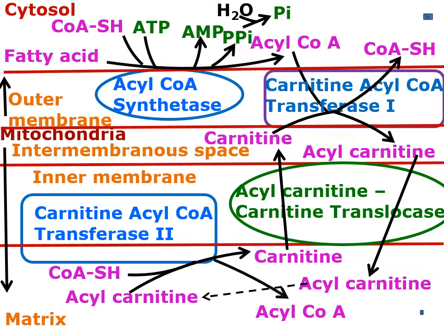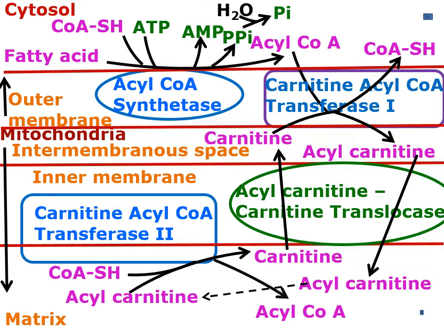This takes place in the presence of another enzyme called CAT2, carnitine acyl-CoA transferase 2, which is present in the inner membrane of the mitochondria. CAT1 was present in the outer membrane, and CAT2 is present in the inner membrane. Once carnitine is freed, it is translocated into the intermembranous space by which enzyme? That is translocase. Where is that present? That is present in the inner membrane.